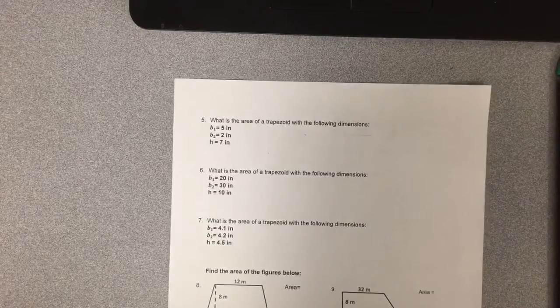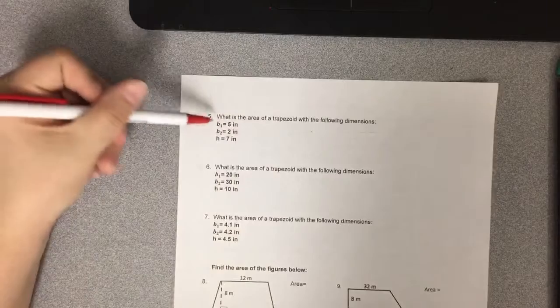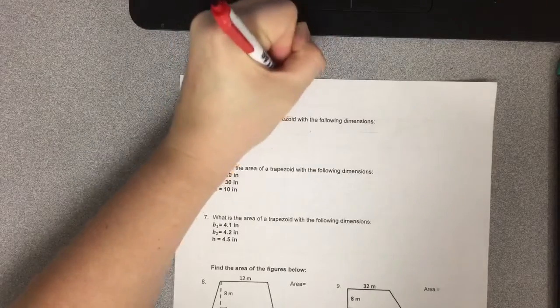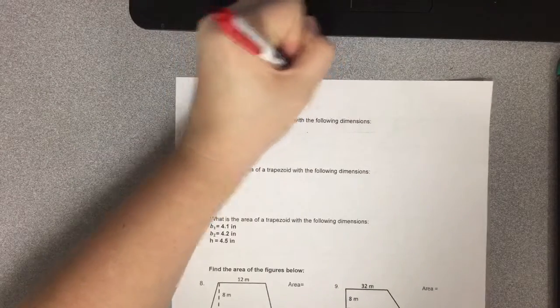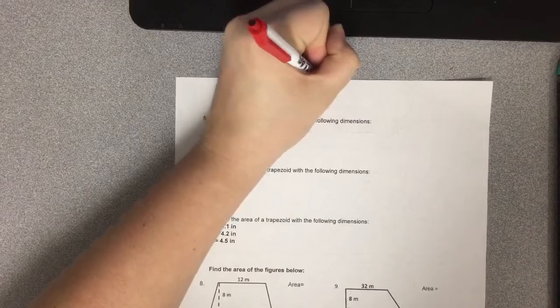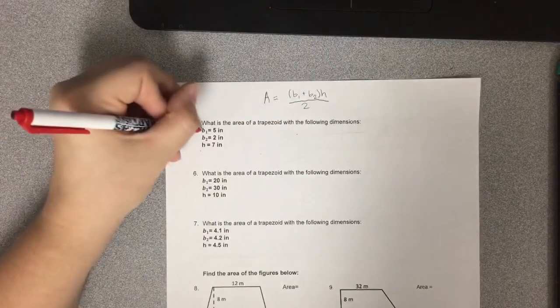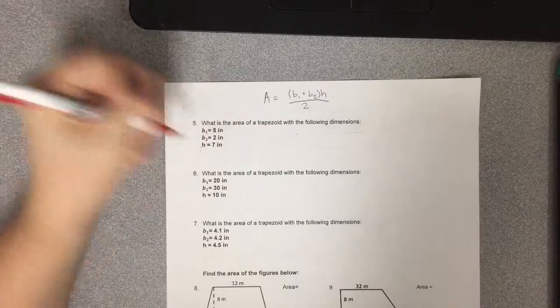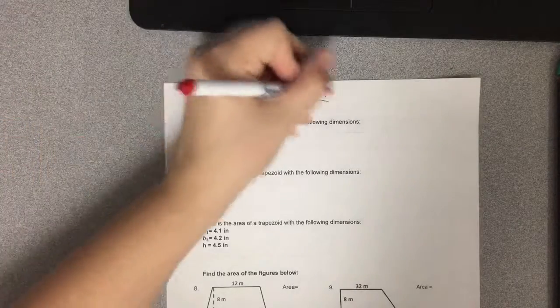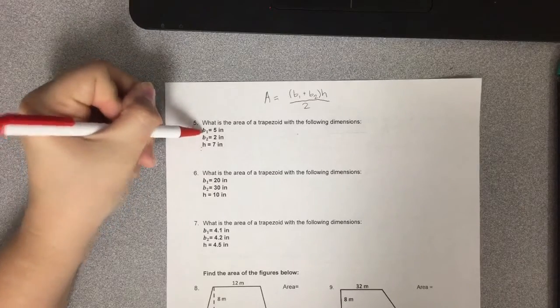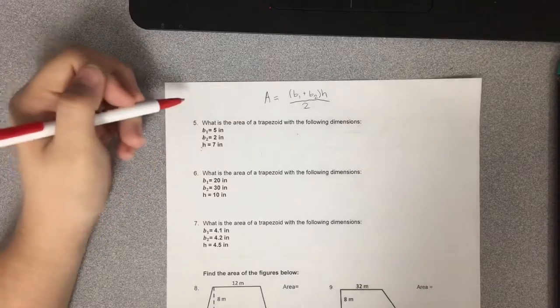When you're looking at number 5, I'd explained this in class, but I understand how it can get confusing because sometimes these can look like answer choices. But if you look closely, because we know the area of a trapezoid is base 1 plus base 2 multiplied by the height, all divided by 2, right here we have B1, B2, and H. We can gather that this would be base 1, base 2, and the height.